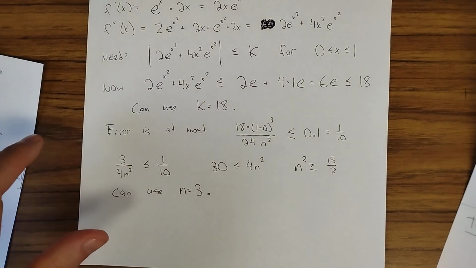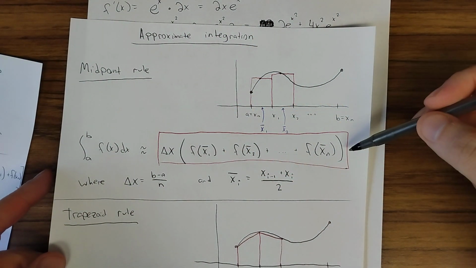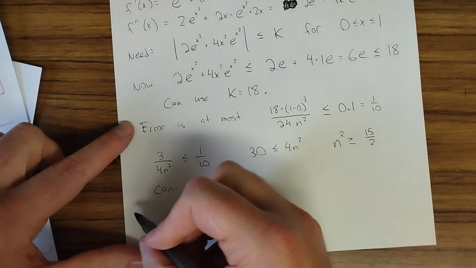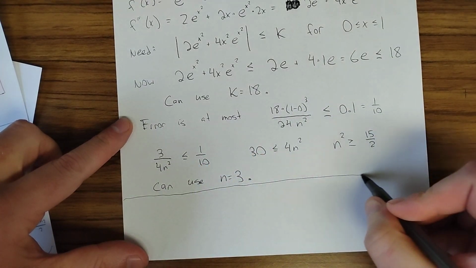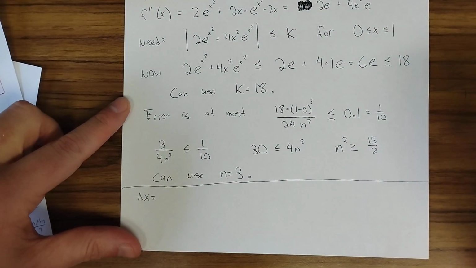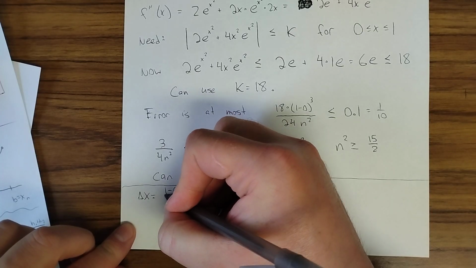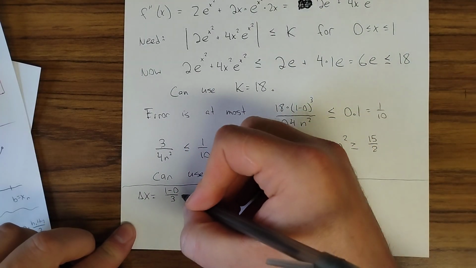So what does the midpoint rule tell me? First of all, delta x is b minus a over n. So 1 minus 0 over 3.